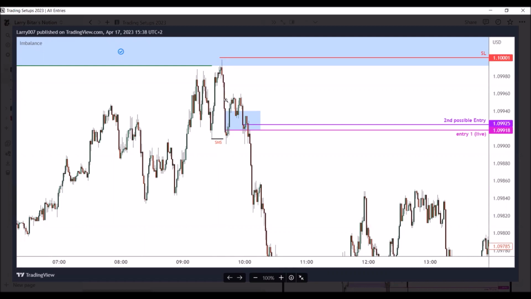So for me, it's enough. They just took liquidity. So for me, it was like 95% sure about the shift. Okay. And so I traded right from there.